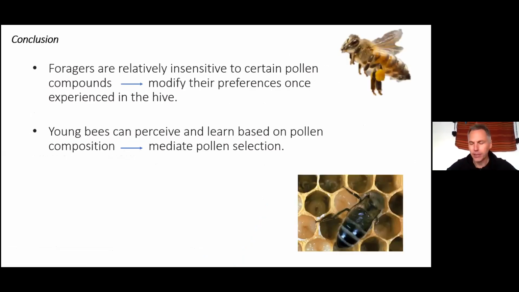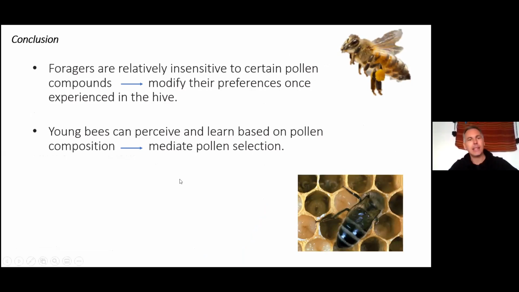The conclusions, and probably some discussion of this second part, would be that foragers are relatively insensitive to certain compounds, but they were able to modify their preferences for those pollens if they were experienced inside the hive, likely mediated by in-hive or nurse bees.